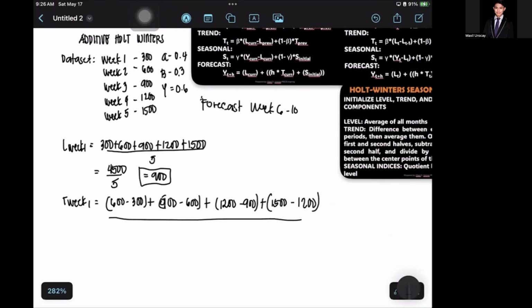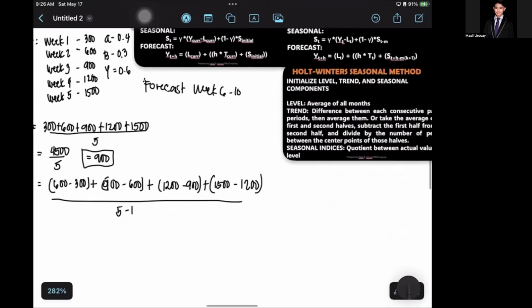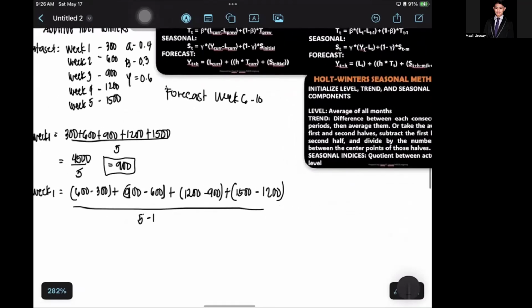Then over n minus 1. What is n minus 1? That is 5 minus 1. Your n is 5. The data set that you have is 5, minus 1, like that.